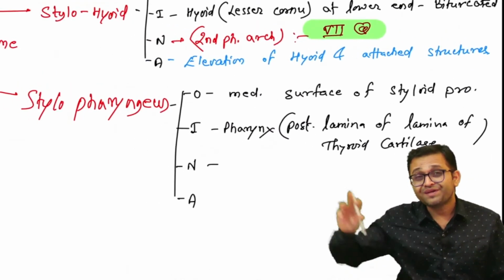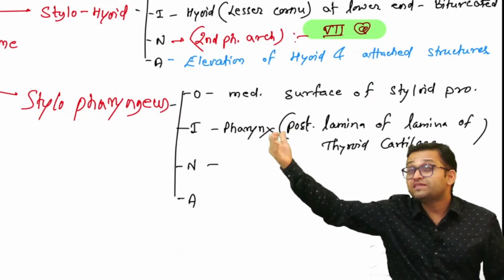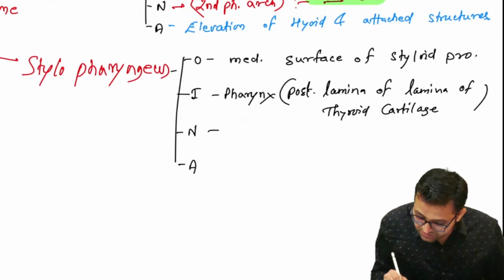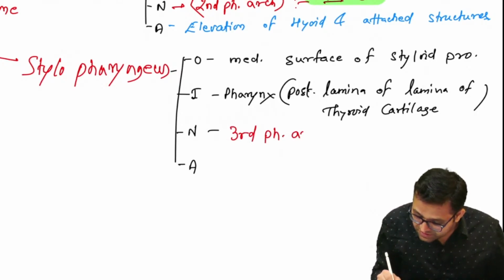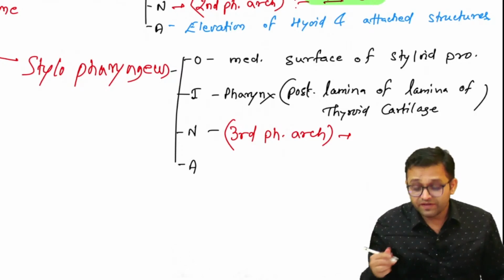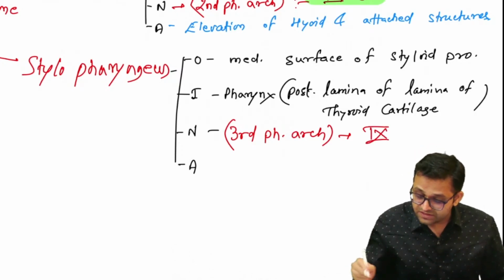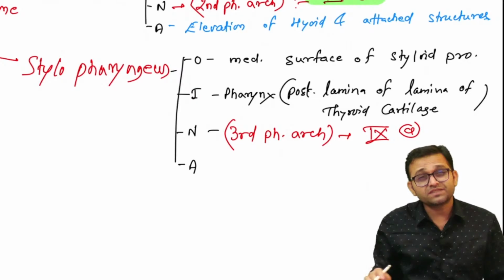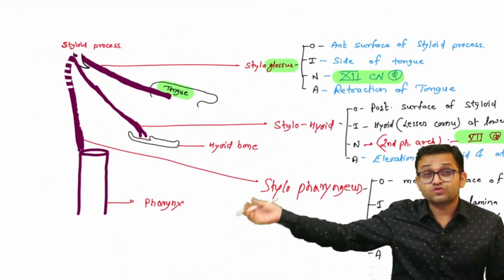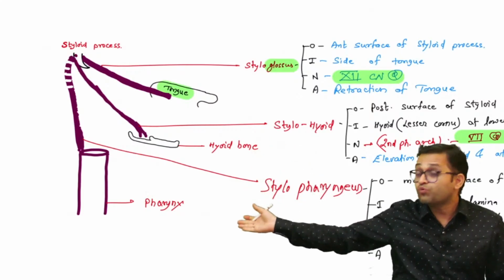So do you remember embryology integration? Stylopharyngeus is derivative of which arch? Sir, it is derivative of third pharyngeal arch. So just tell me beta, what is the nerve of the third pharyngeal arch? Sir, glossopharyngeal nerve. MCQ. Action, sir, where muscle goes, there movement flows. So when it will contract, it will pull the pharynx.